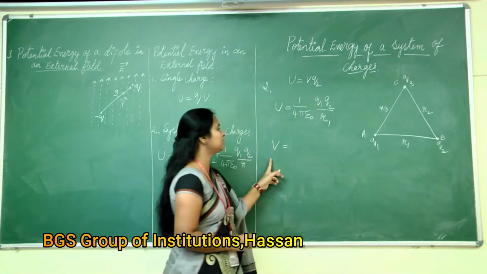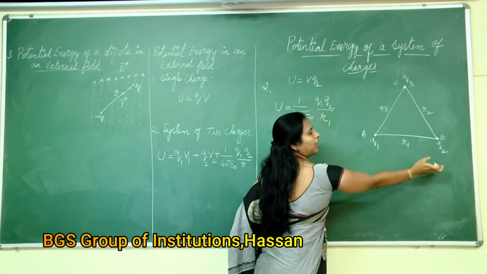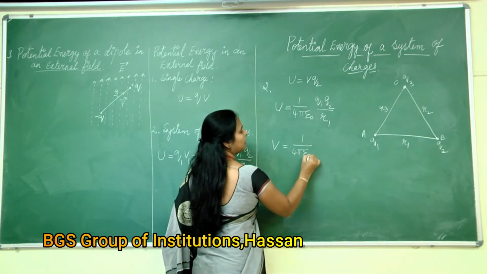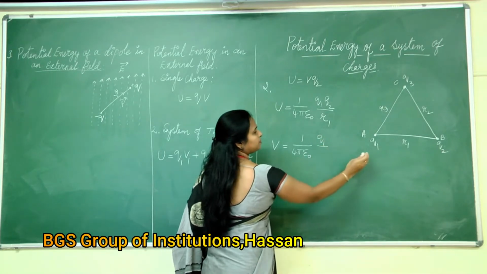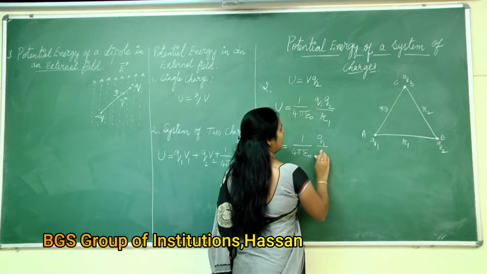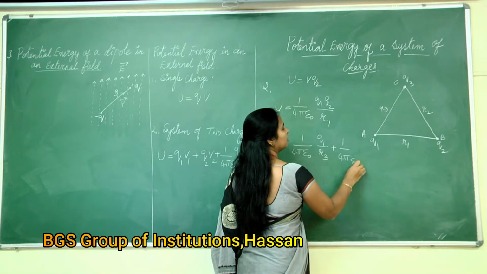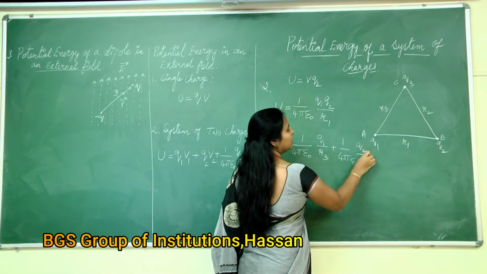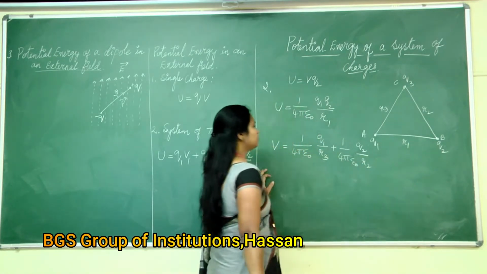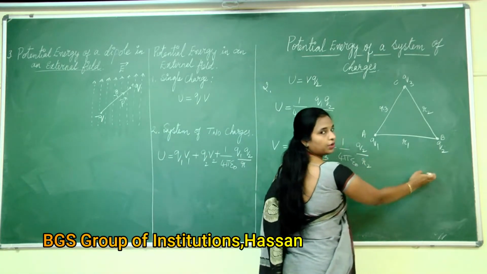That potential is the sum of the potentials of charges Q1 and Q2, that is 1 by 4 pi epsilon naught Q1 by R3, the distance from Q1 to Q3, plus 1 by 4 pi epsilon naught Q2 divided by R2, the distance between Q2 and Q3. So this is the potential due to the two charges Q1 and Q2.